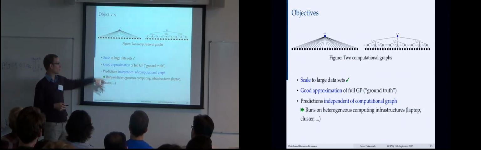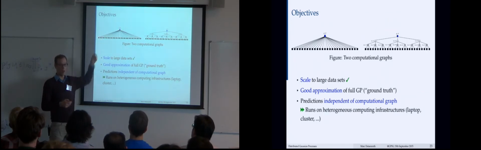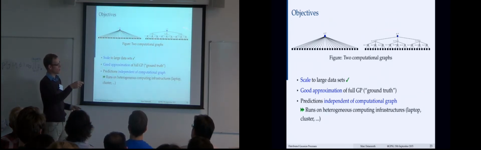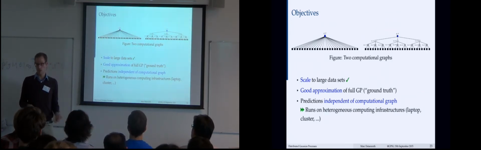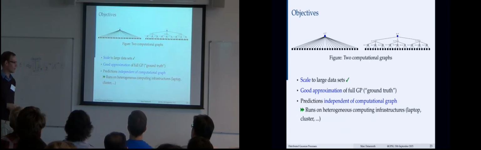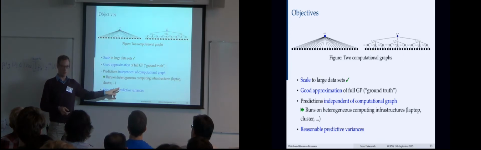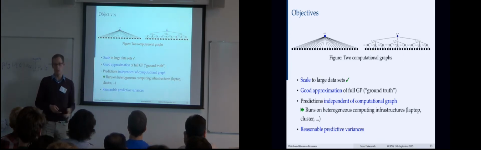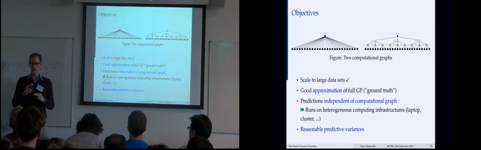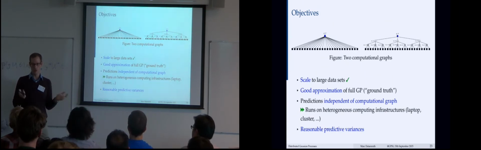For my laptop, I would probably choose a model like this, but if you have a really large-scale infrastructure, you might choose this kind of model. But it gives the same answer, ideally. And we are also interested in reasonable predictive variances. That's one of the nice properties of GPs, the variances. If we screw up the variances, then we can also use an SVM.